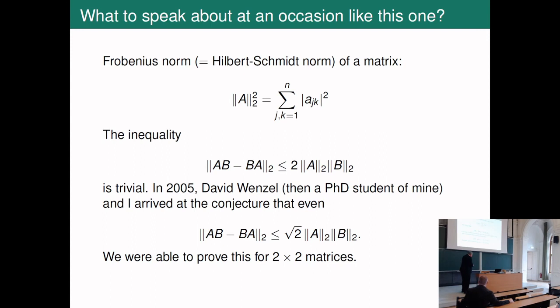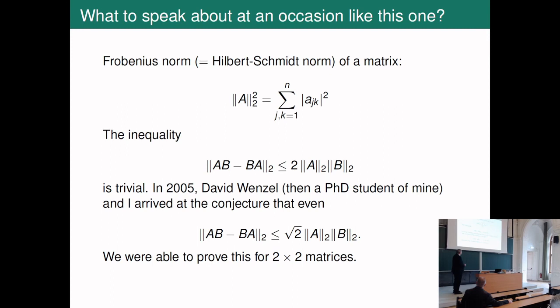Let's see. The question is what to speak about at an occasion like this one. If we have a matrix and the Frobenius norm or the Hilbert-Schmidt norm is defined in this way, this inequality is trivial. In 2005, David Wenzel, who was then a PhD student of mine, we had to deal with another problem for the commutator of matrices, and I was sitting down and starting the paper and wanted to write the first sentence.